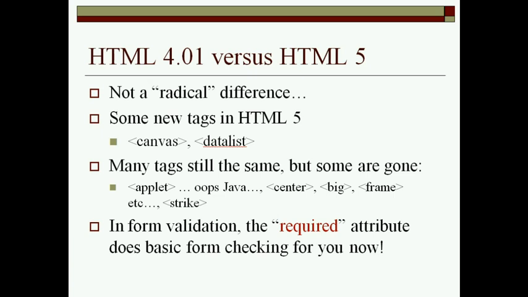And there are many tags that are still the same, and some are gone. Like, for example, applet and center and big and frame and so on. These are gone, but there are alternative ways to achieve what they could do.